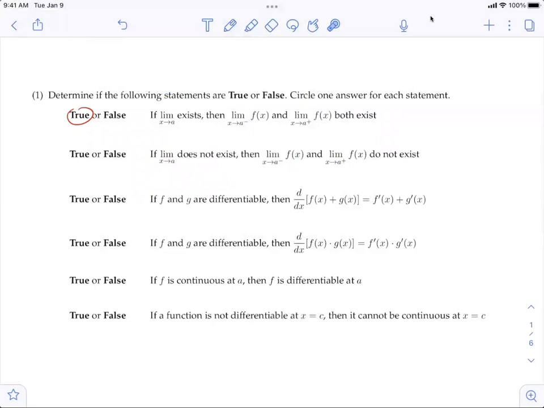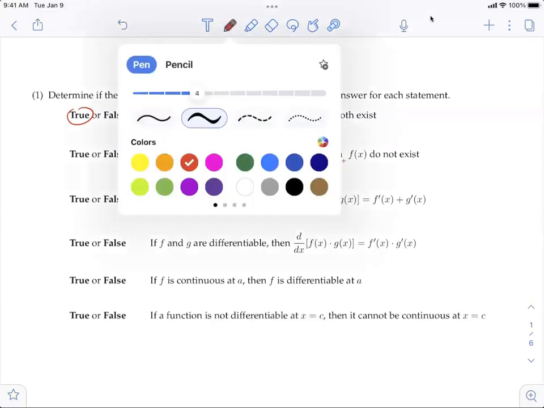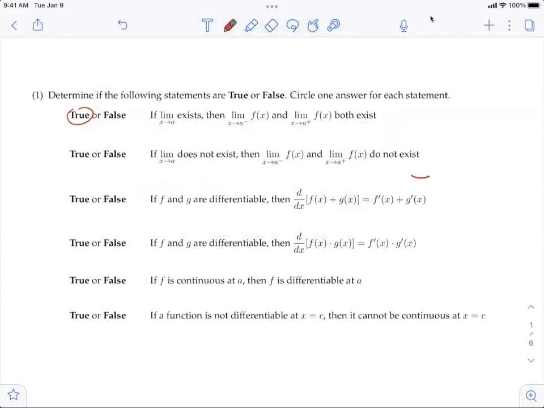So the limit may not exist, right? So for example, if you consider the following function, you have this part of the function, right? So the left-hand limit exists, the right-hand limit exists, but they do not equal the same value. So therefore the limit at the point of consideration does not exist. So therefore this is a false statement.